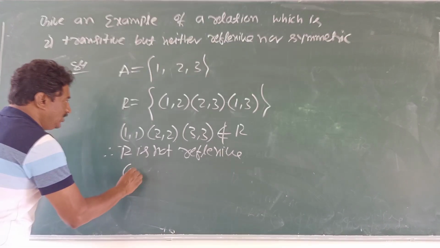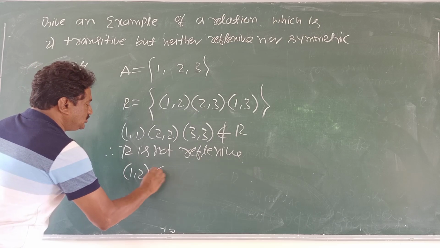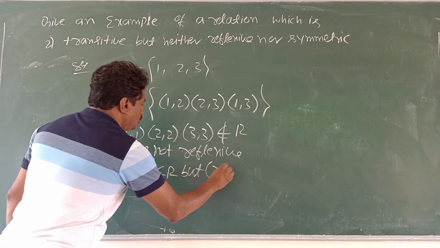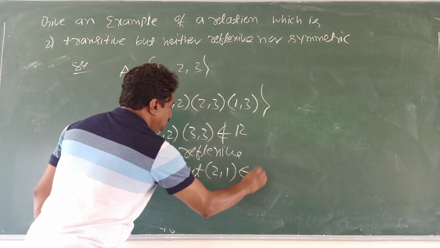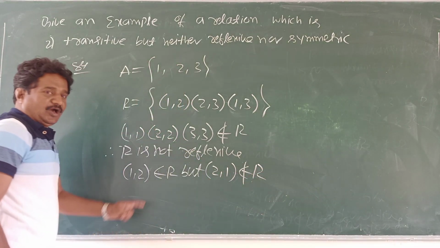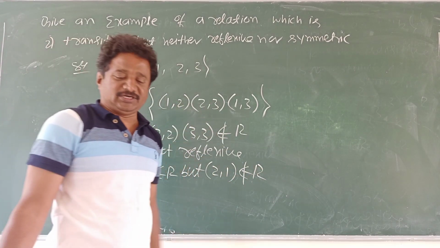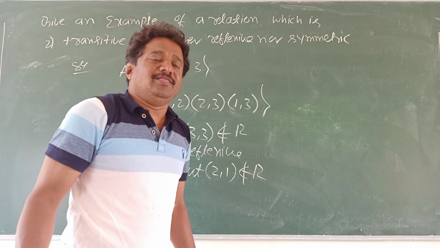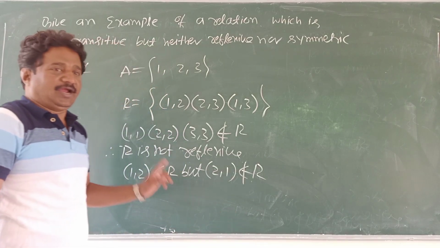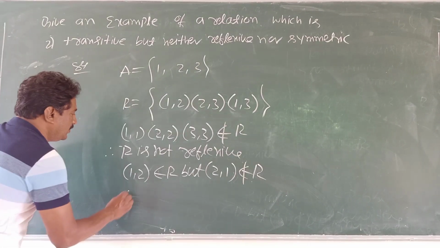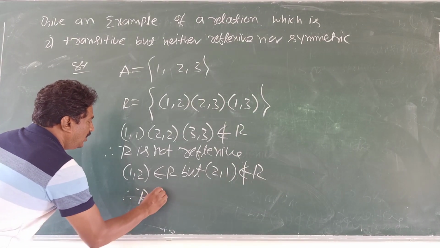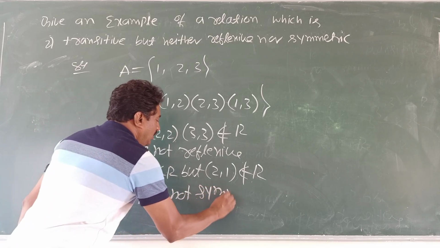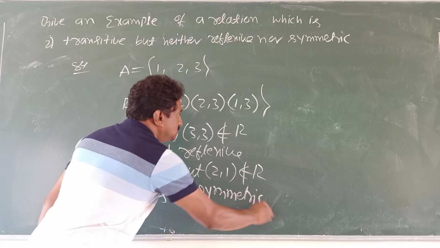No. (1, 2) belongs to R, but (2, 1) does not belong to R. One failed subject is enough, students. You need not write and show all the failed subjects. One is enough. So therefore, R is not symmetrical.